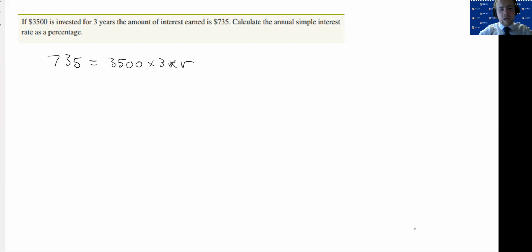Okay, times the rate. So then to find the rate, I need to divide both sides. Okay, I just simply move what I was multiplying the R by, and then I divide the other side by that. And once I've done that, I then get my calculator out.